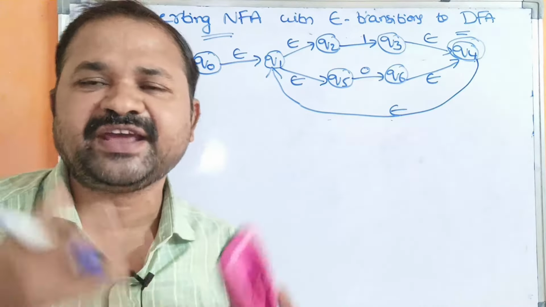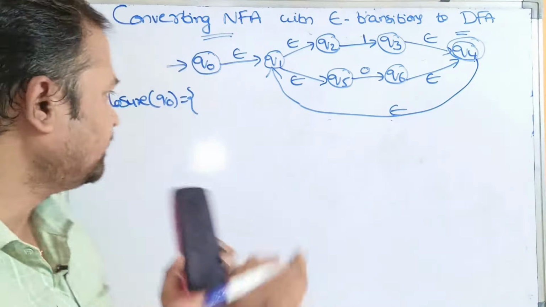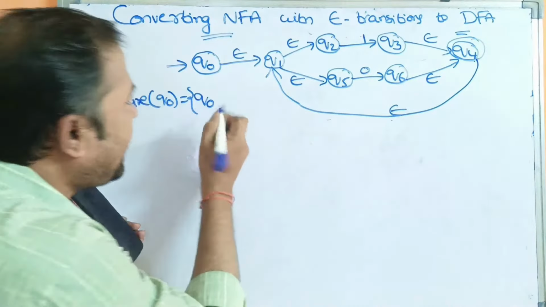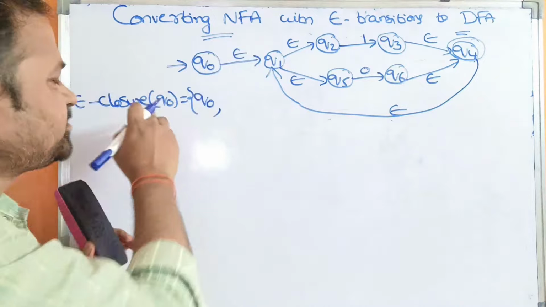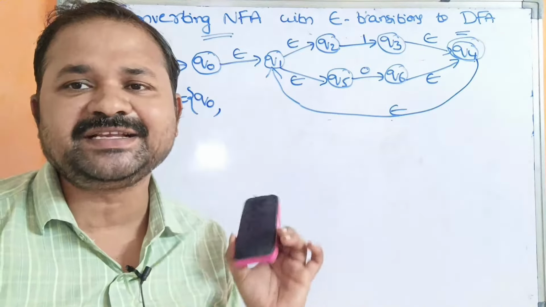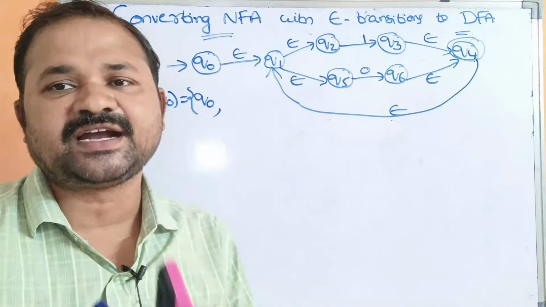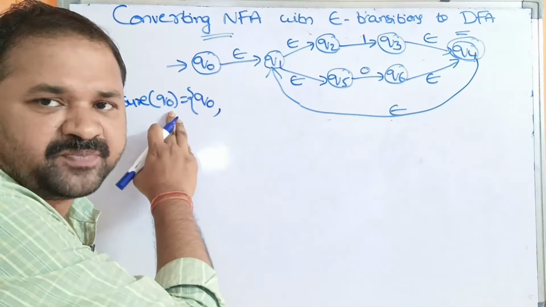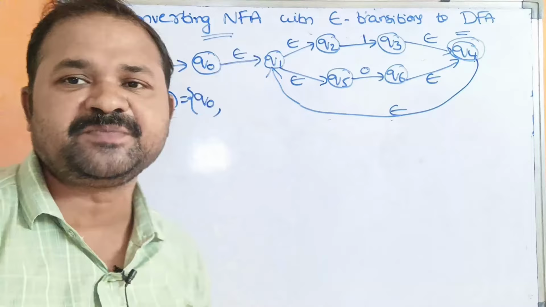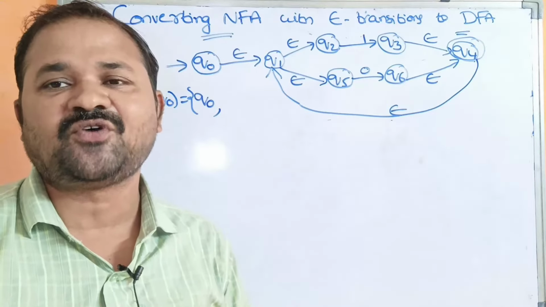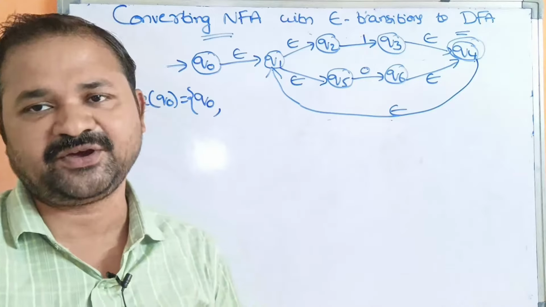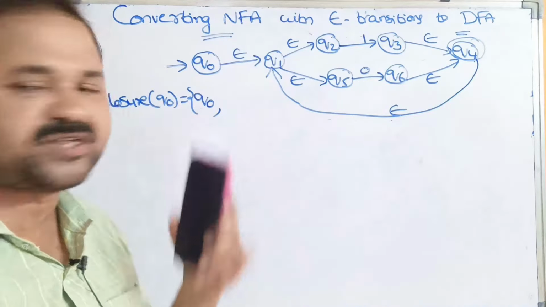The epsilon closure of any state always contains that state itself, so the epsilon closure of Q0 includes Q0. Epsilon closure means the list of states that are reachable from Q0 by applying the input symbol epsilon.